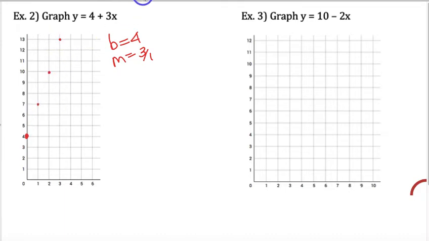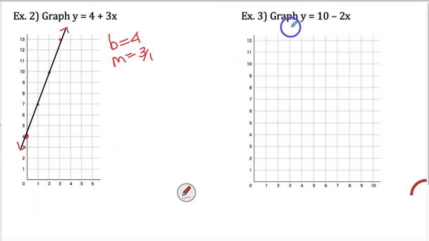Grab your ruler, and since we do not have context, you'd want to extend your graph through, and your line should have arrows indicating that it is extending in both directions.